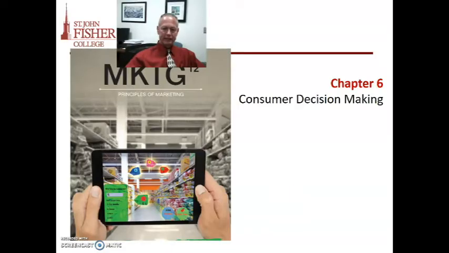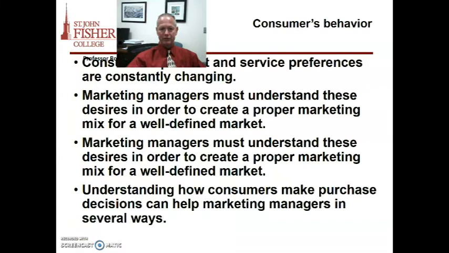So as I stated in the introduction, this chapter is all about consumer decision-making and the consumer decision-making model. Most of the chapter deals with the consumer decision-making model, and that's really where our focus is going to be. So consumer products and services preferences are constantly changing. And we as marketers need to understand consumer preferences and consumer behavior in order to offer the best marketing mix we possibly can.